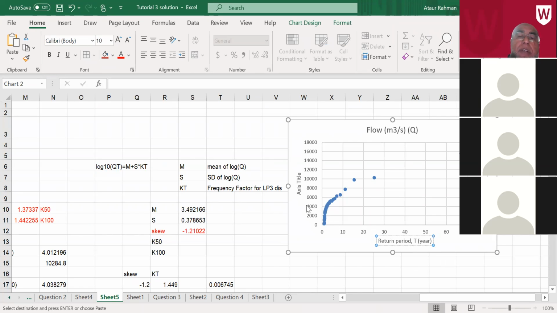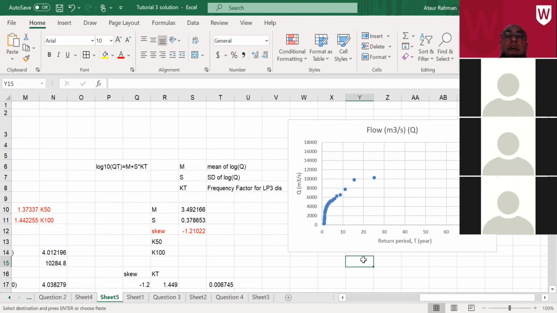And this axis title is observed data Q in meter cube per second. So that is the plot of the flood frequency curve, the plot of the flow data, all maximum flow data.